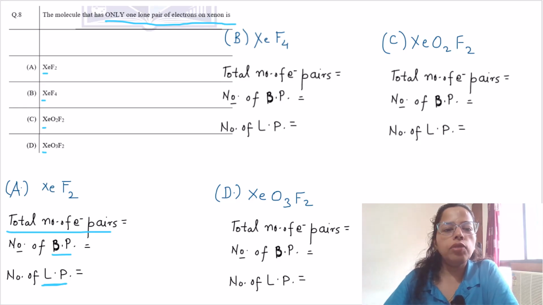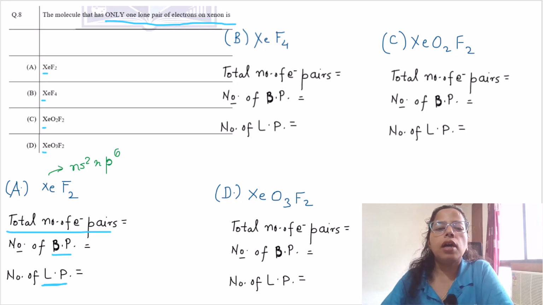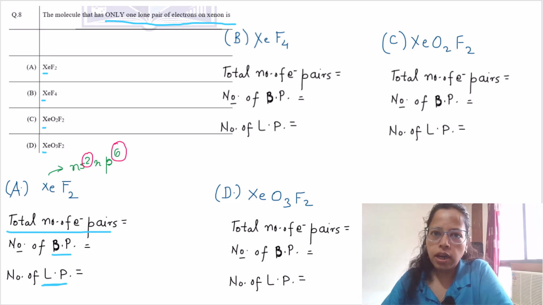So how many valence electrons does xenon have? The general valence electronic configuration for xenon, a noble gas, is ns2 np6. That means in the outermost shell we have 8 valence electrons for xenon.